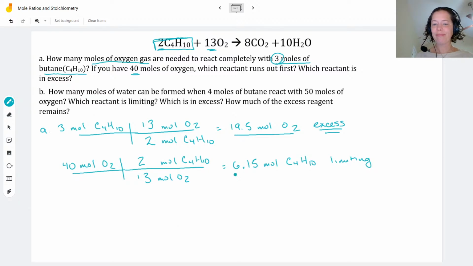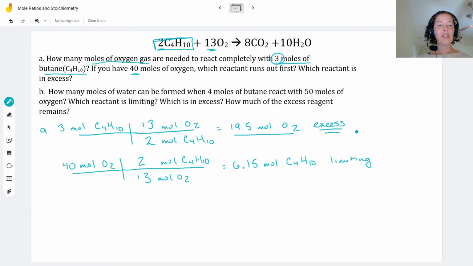Okay, so butane is my limiting reactant. So that one is going to run out first. So butane limits. And then which reactant is excess? Okay, so oxygen is in excess. So those are the only two calculations that we actually needed for this. Were these two pretty simple calculations, but again, when you think about it conceptually, it can be kind of difficult.